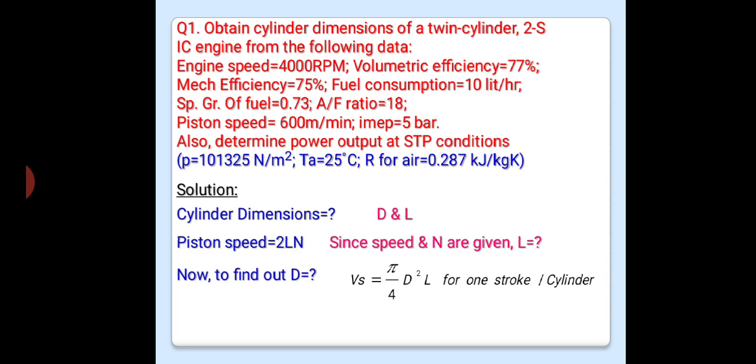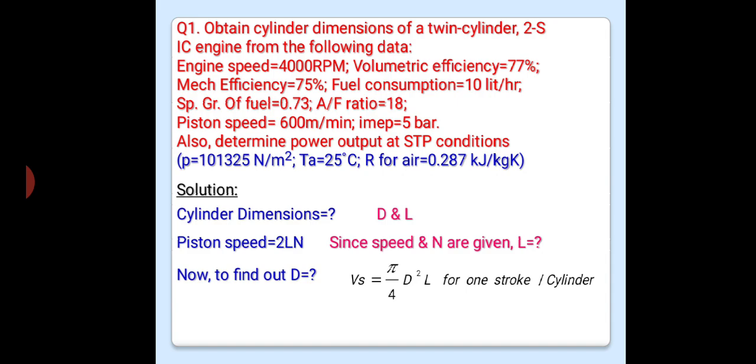In this problem, we have to calculate the diameter and length initially. We know that piston speed is equal to 2LN. Since speed and N are given, L we have to find.